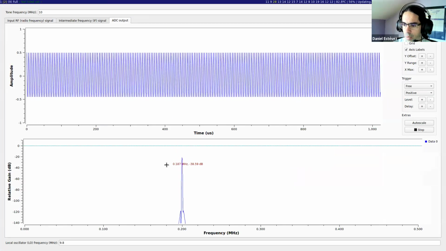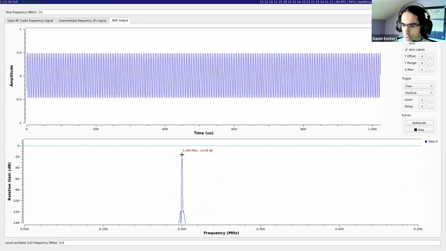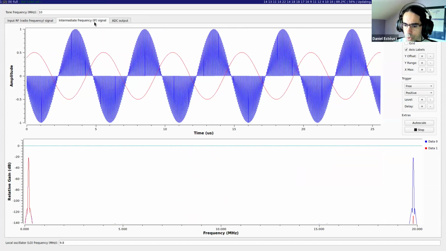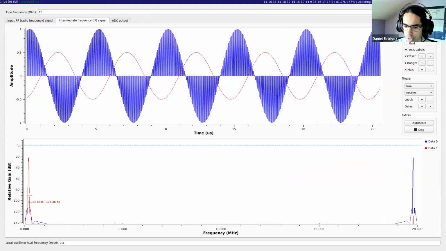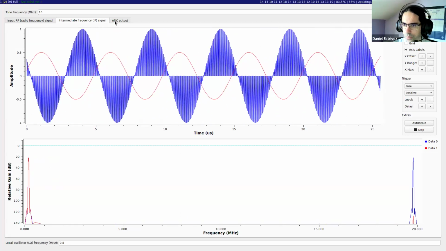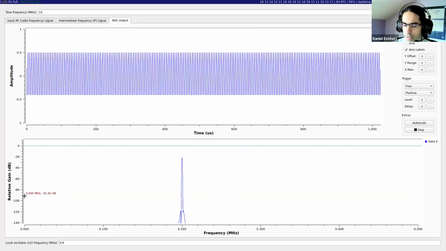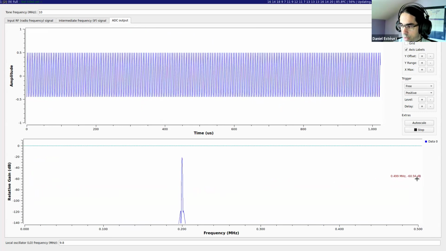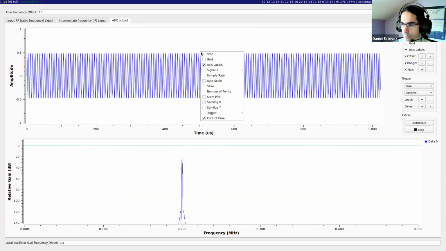So, okay, ADC output, we can see the signal at 200 kilohertz. So this is the same as here. There is a signal at 200 kilohertz. But now the frequency range goes only from 0 megahertz to 0.5 megahertz. And the reason is the sample rate is now 1 megahertz.